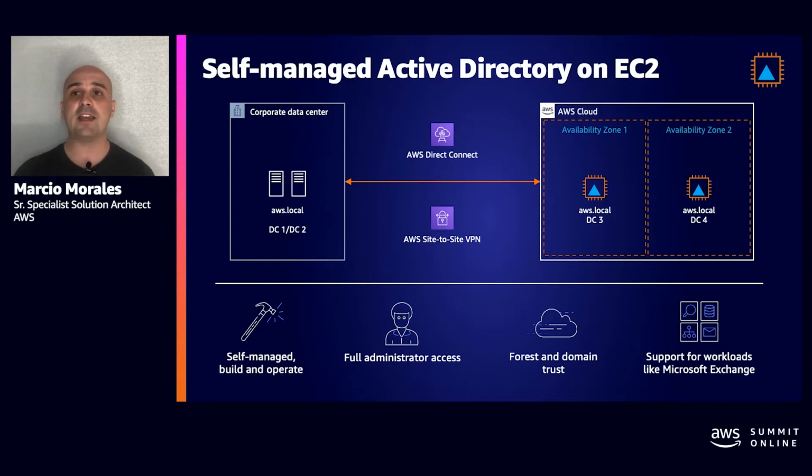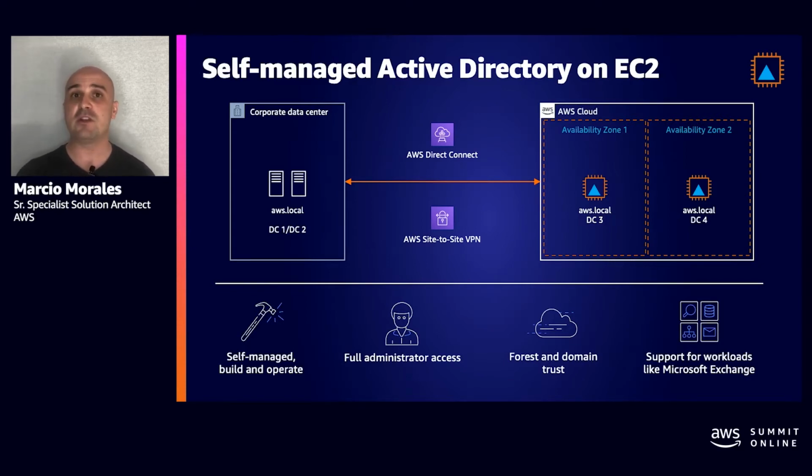So let's say you have your on-premise data center and you have domain controllers, right? You have your domain and your forest, and you want to extend this existing domain and forest to AWS because you want to avoid managing different domains and forests.